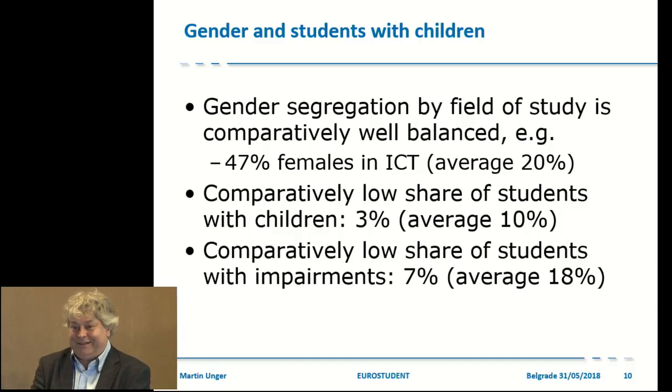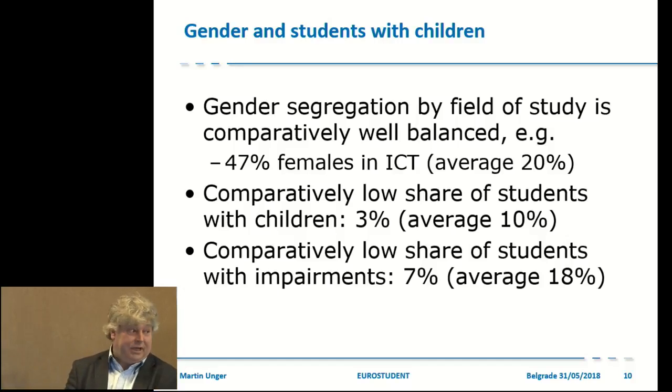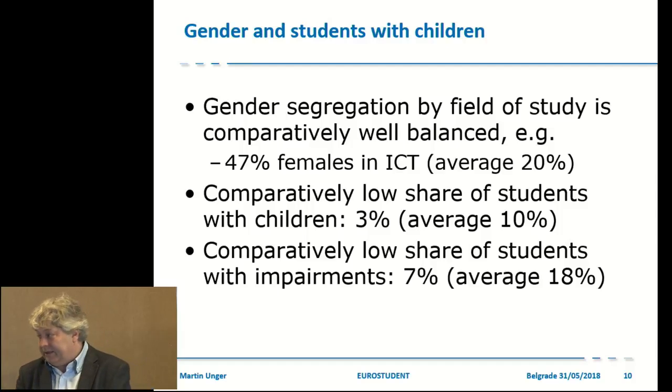You're shaking your head. And especially in ICT you have a high share of female students: it's 47% in Serbia, but 20% on average of the Eurostudent countries, and it was 20% for all the Bologna countries. So 47 is really extraordinarily high.